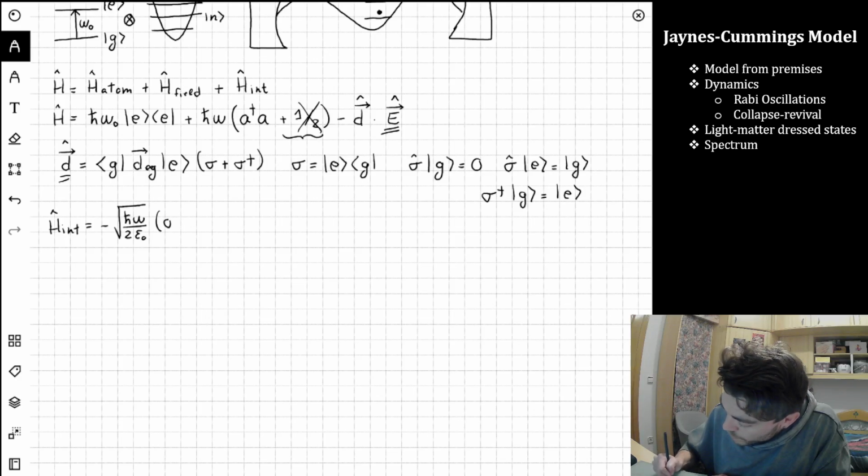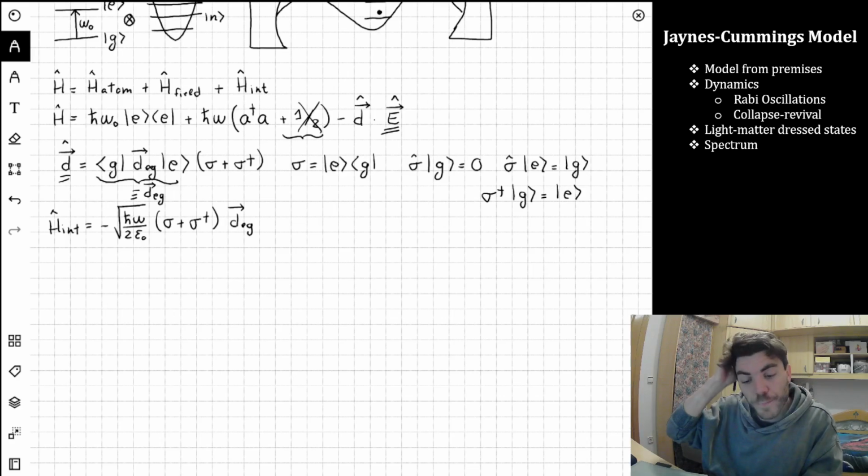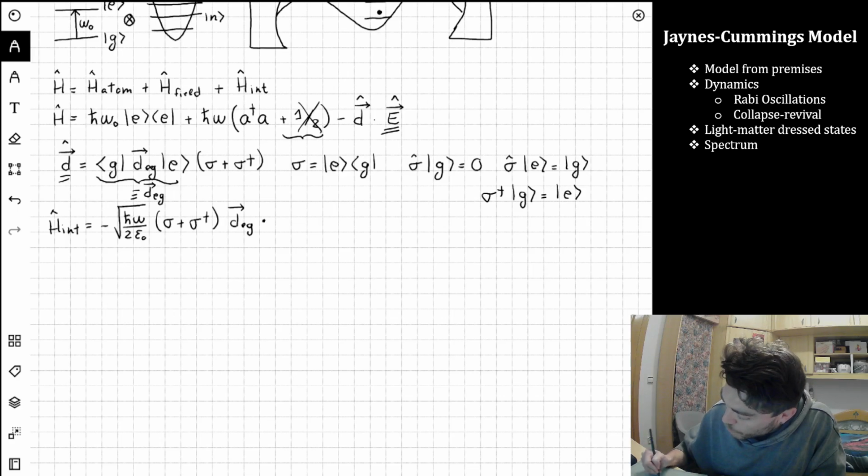Then we get this sigma plus sigma dagger from the dipole. Then we get this number, D_eg. I call this the D_eg vector. It's this bracket. And then this is the dot product with the spatial profile of the electric field, A plus the complex conjugate, A dagger.